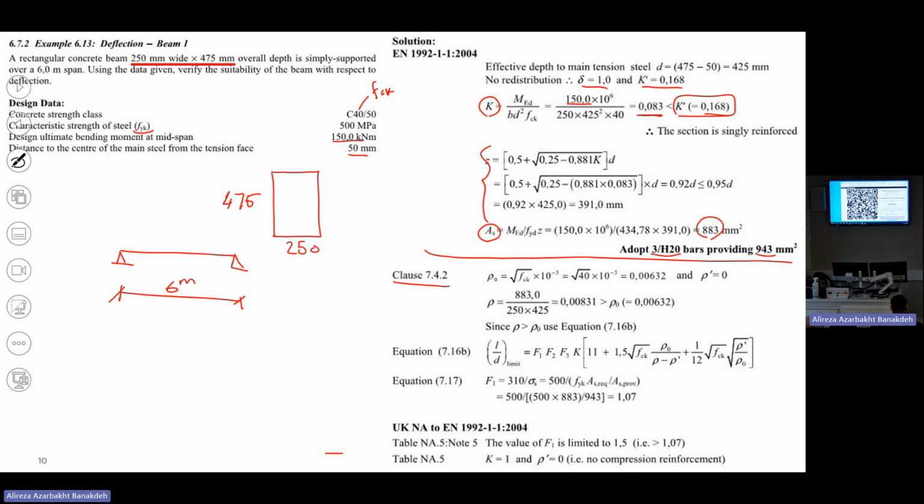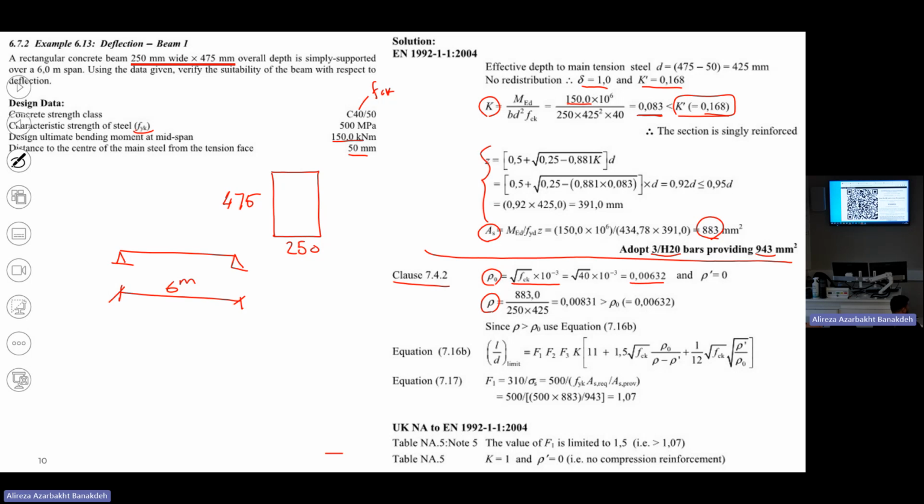Now from this line, we are going to calculate the deformation and see if the deformation is fine or not. Rho 0 was this formula, remember, in that slide? That's very straightforward. And rho and rho 0 should be compared together to see which formula from those 2 we need to consider. The rho is the reinforcement ratio based on this number, not this number.